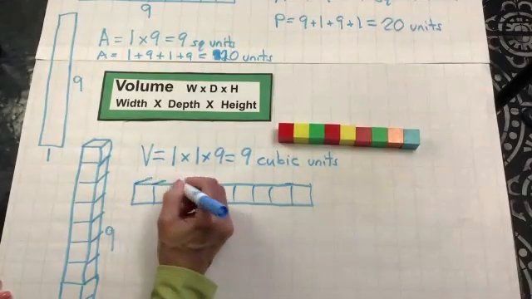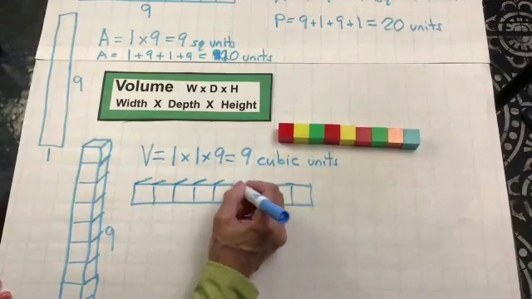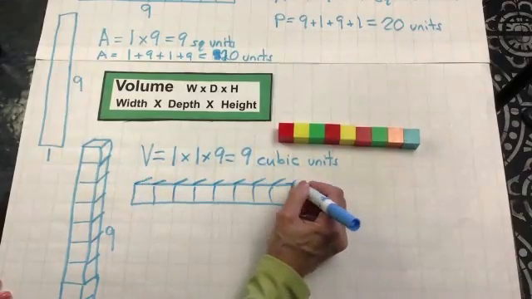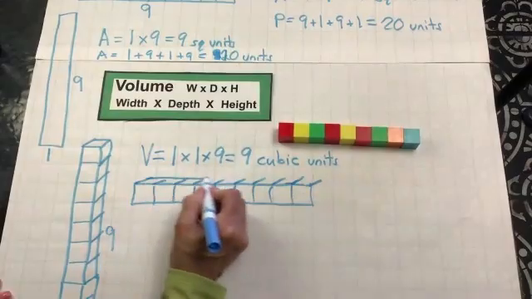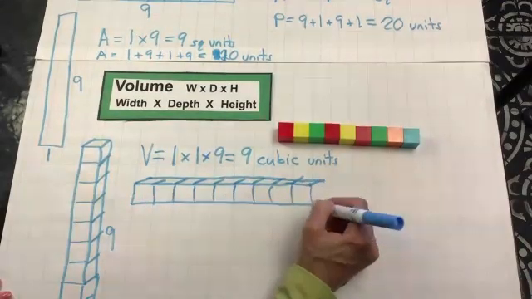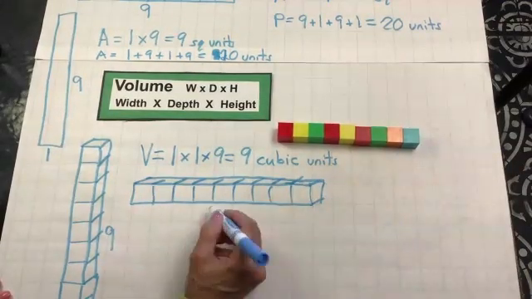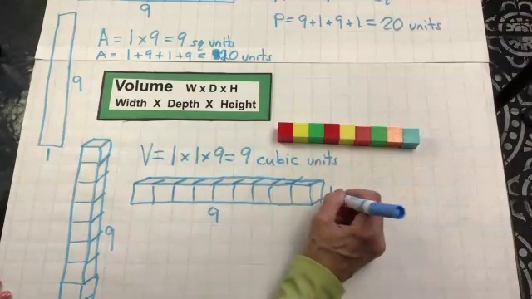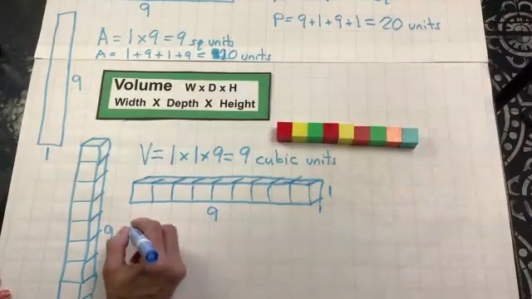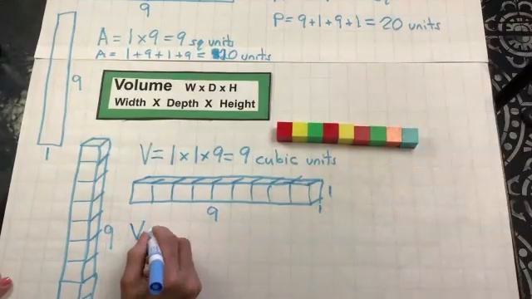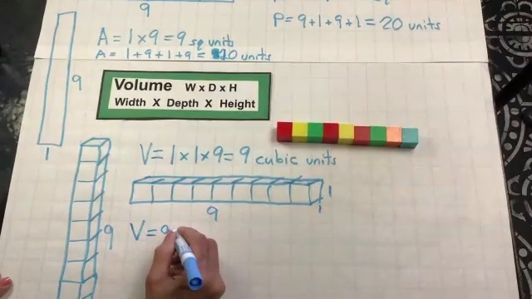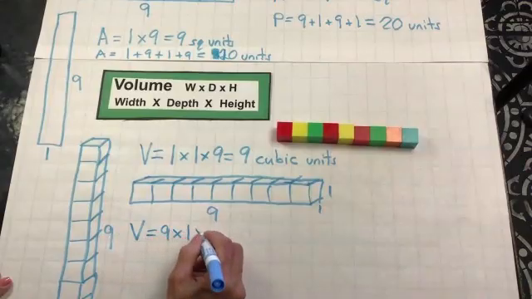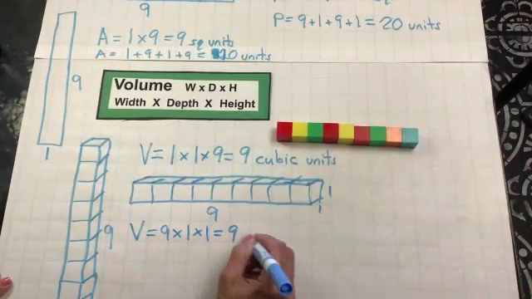Draw some diagonal lines to create depth. Connect those dots. Doesn't have to be perfect. All right. So now it is a 9 by 1 deep by 1 tall. So we would write that 9 times 1 times 1 equals 9 cubic units.